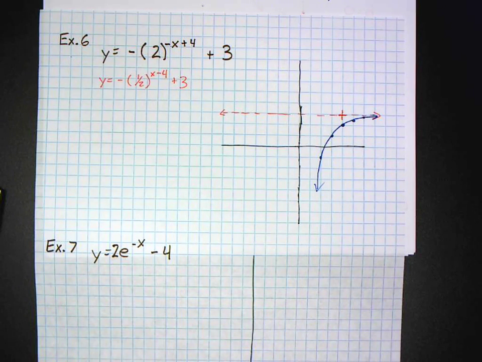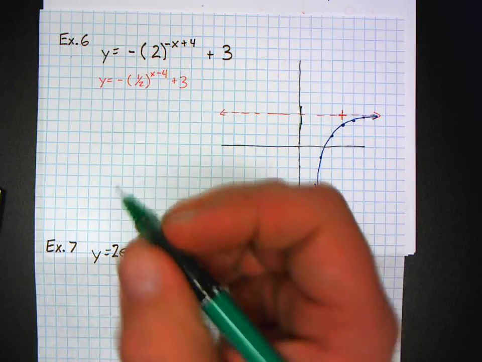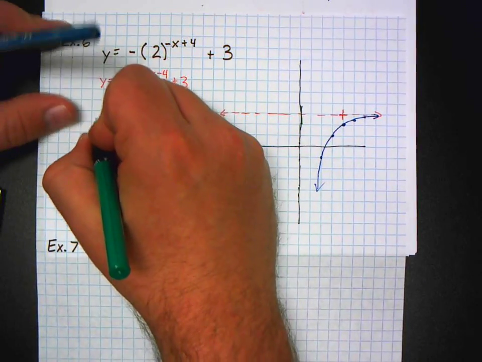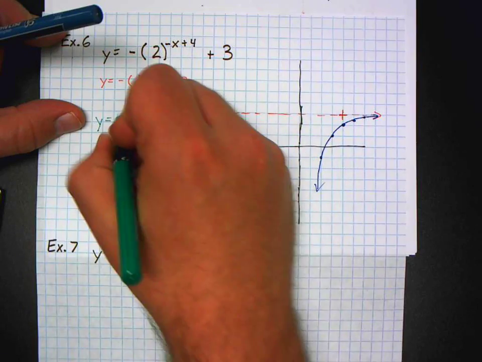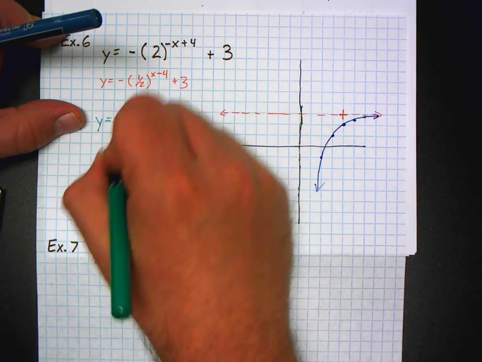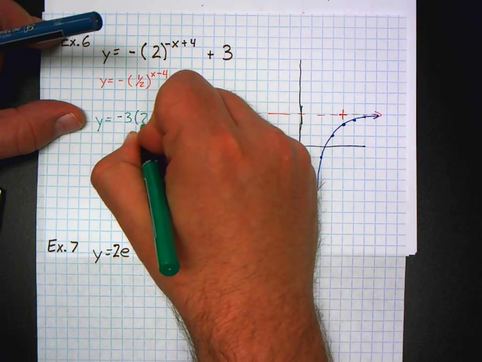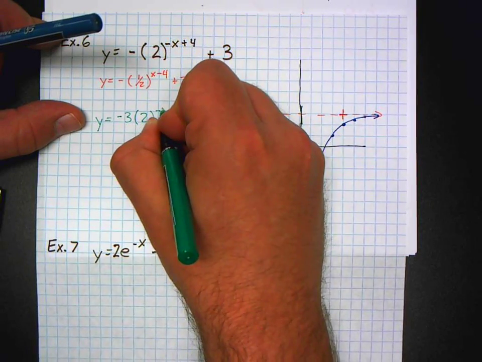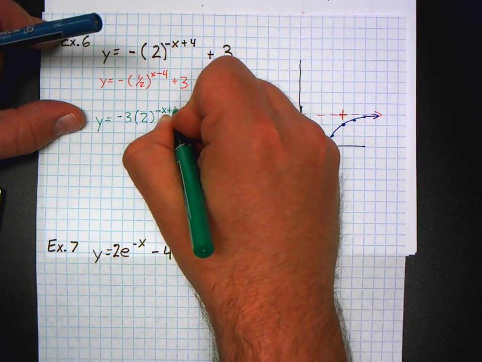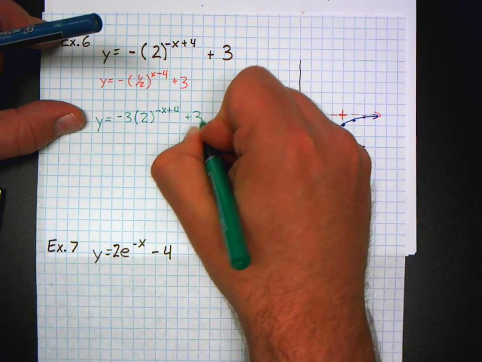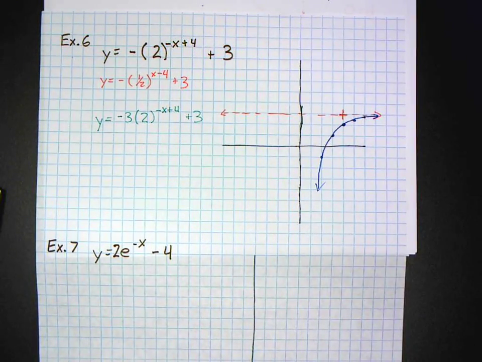Now, if I put a number in front of there, what do I do with my y values? What happens if I do this? How does that change my graph?